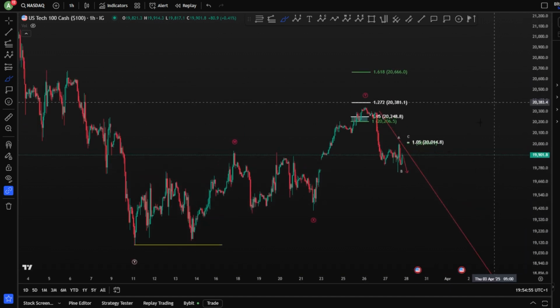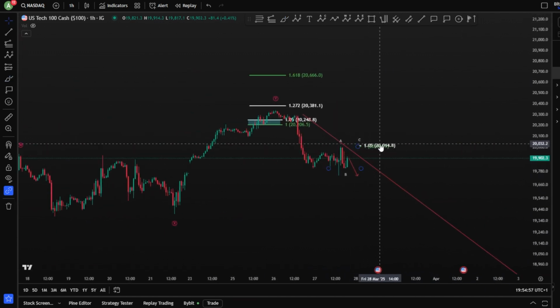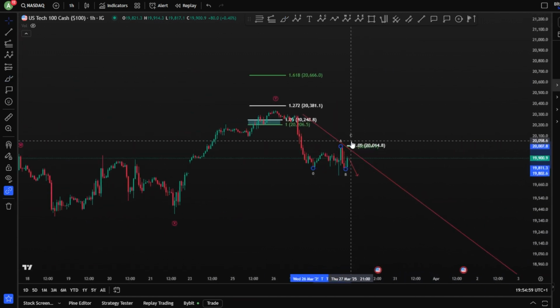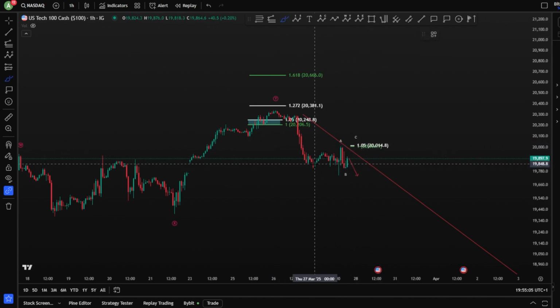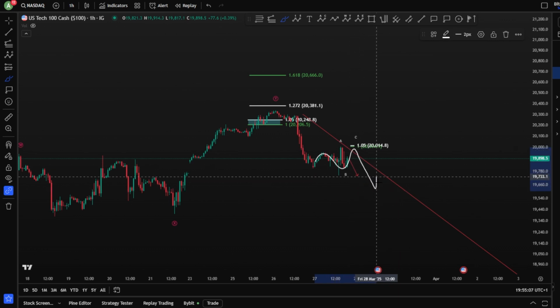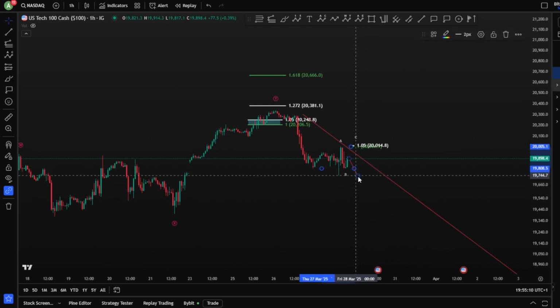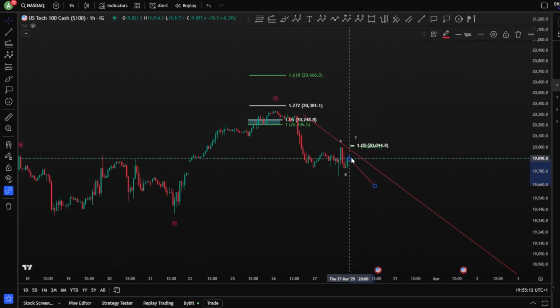And basically, we are going to take a look first at this 20K. If taken here as a correction, finished correction, and move toward the downside, then okay, we are on the right path.